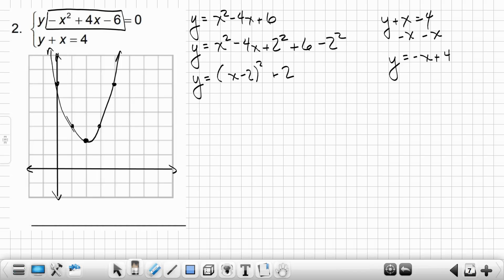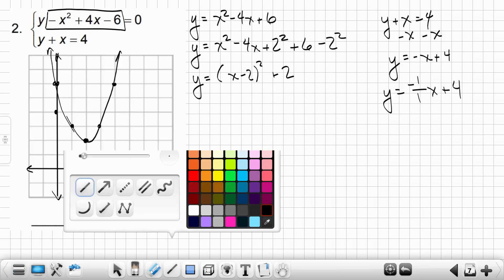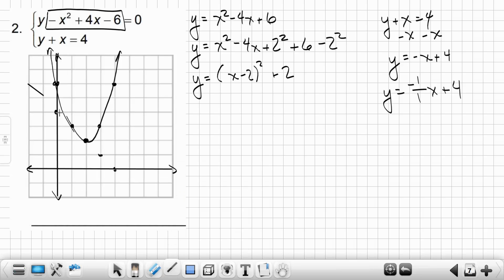And then the slope of it is? Right? Here. What's the slope of it? Down 1, right 1. So there's my line.